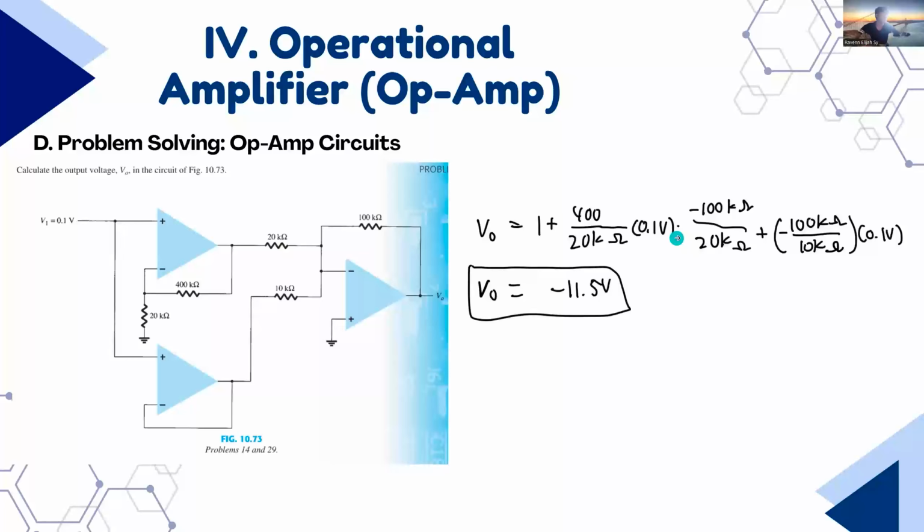That is the formula of the summing operational amplifier, plus negative 100 over 10 times 0.1 volts. Then we will simply type this in our calculator. Then we will get VO is equal to negative 11.5.